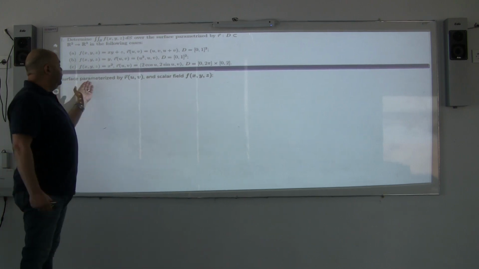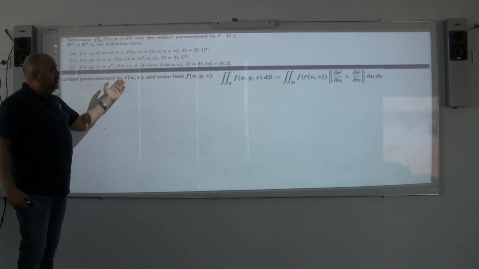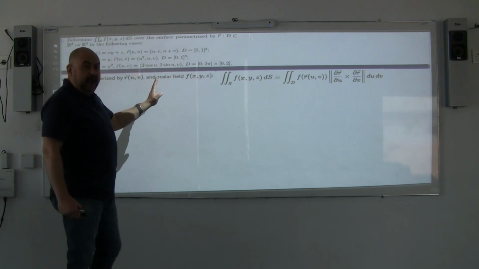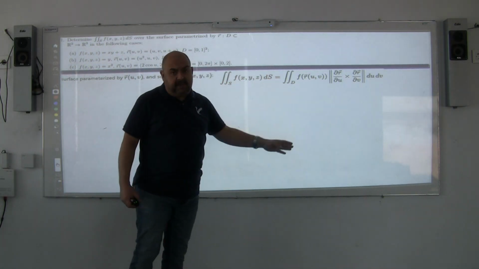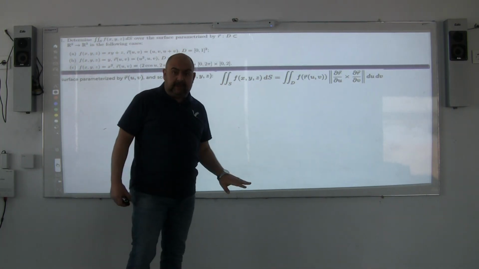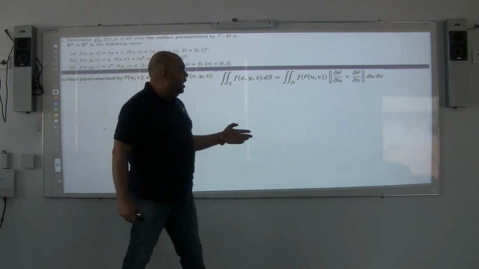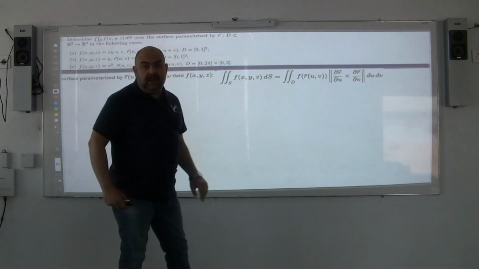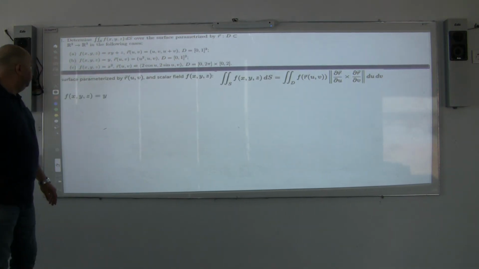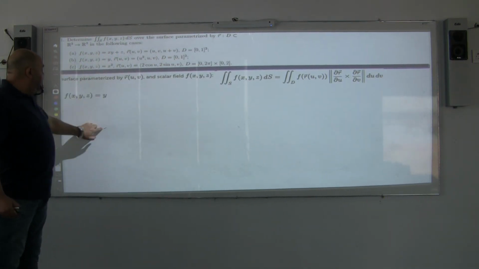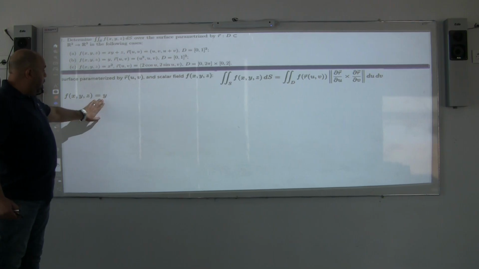I will go with the surface parameterized by r, and the scalar is given. So all I have to do is to follow the same recipe. I will have to get the cross multiplication first, getting the magnitude of this cross multiplication, then making the multiplication, as you can see. So here's f of x, y, and z equal to y.